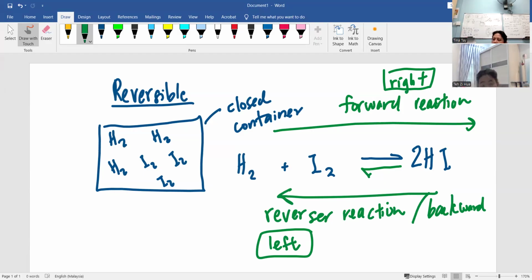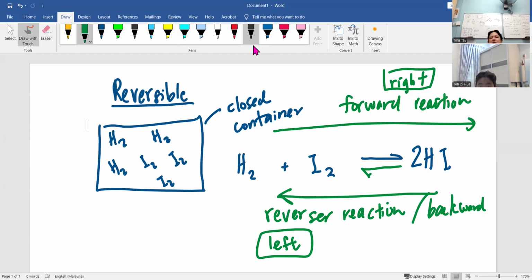Understand? First, because there is a lot of hydrogen and iodine, more forward reaction happens. After a while, there's less and less hydrogen and iodine, so more reverse reaction. So you go forward, backward, forward, backward.